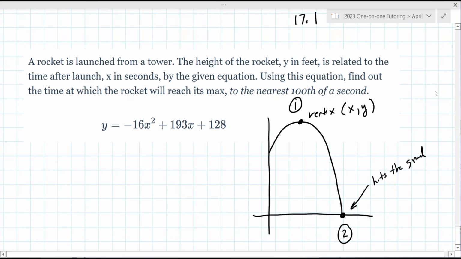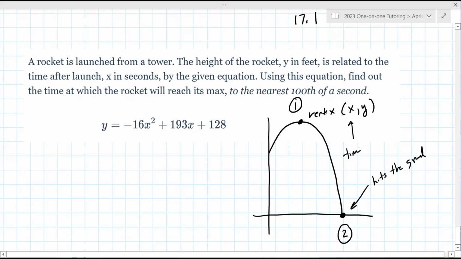In this problem, we're finding out the time at which the rocket will reach its max. That's up here at 1. You have to decide whether it's asking for the X value or the Y value. Time is the input, so they are asking for the X value in this problem.